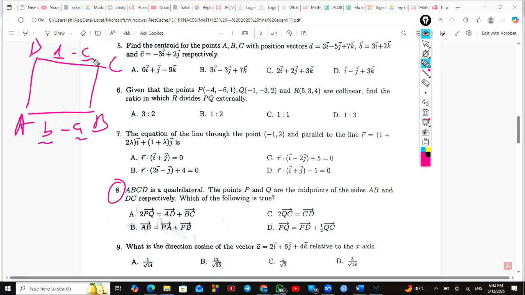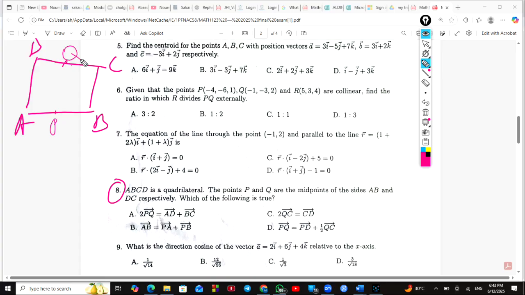Okay, let me just leave it that way. Let me just cancel everything and put the midpoints there. So they are saying that the points P and Q are the midpoints of AB and DC. So AB, we have P here, and here we have Q here.